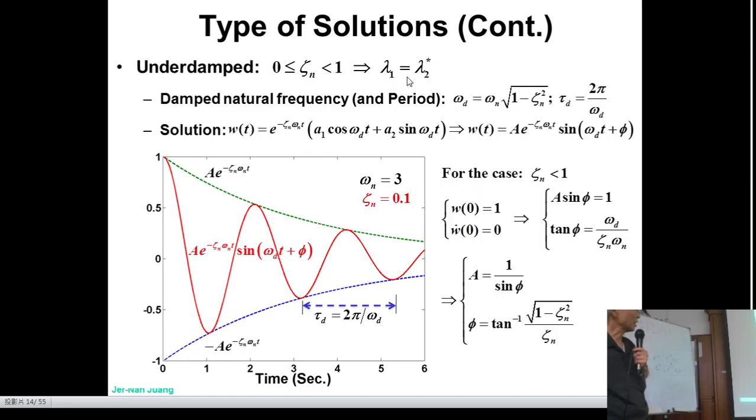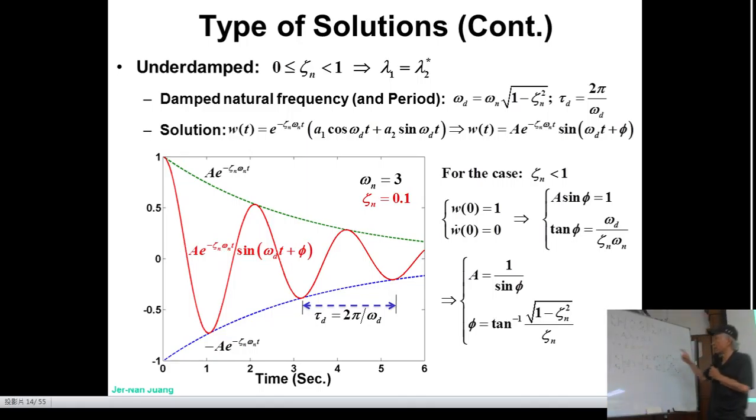If you use this equation, I will be able to solve for natural frequency and also damping ratio. Agree? So that just gives you the idea of the eigenvalue, natural frequency and damping ratio.